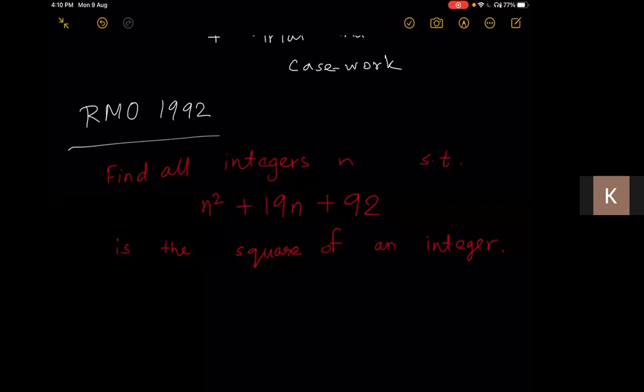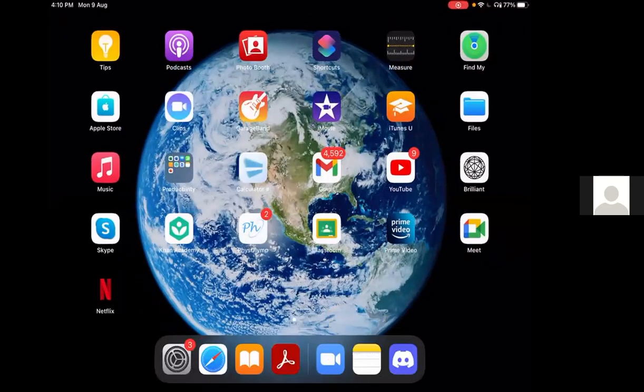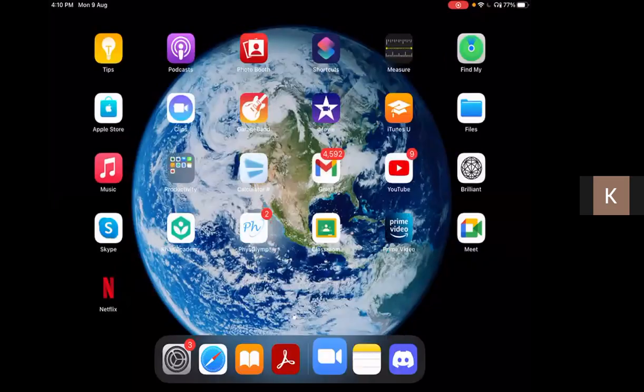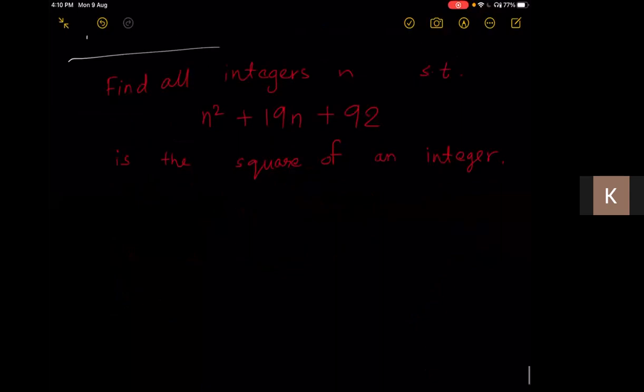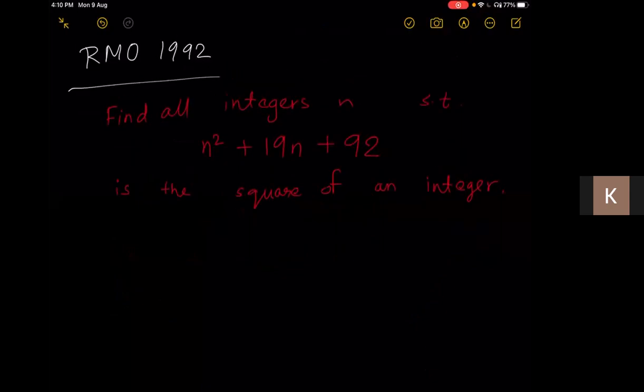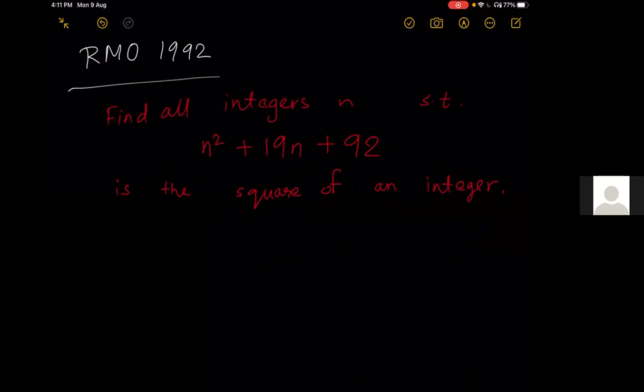Okay, then tell me the steps. What will you do? First, you take an integer k for which this expression is a whole square. n square plus 19n plus 92 is equal to k square.